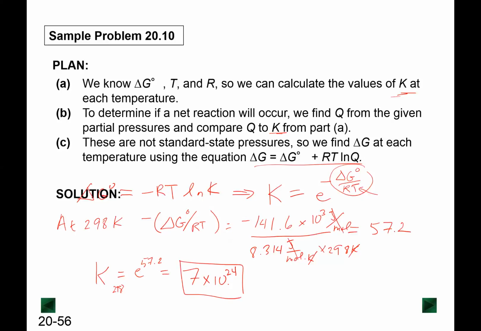So let's go down, and we can now solve for our K at 973. First we'll set up this part at 973 Kelvin.